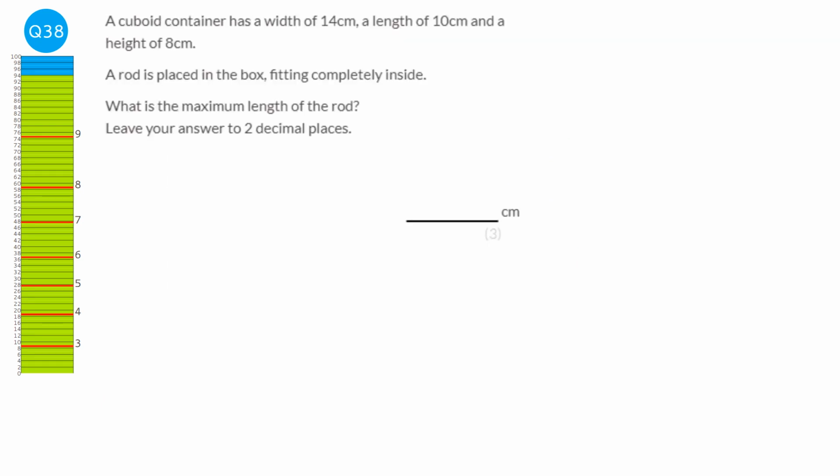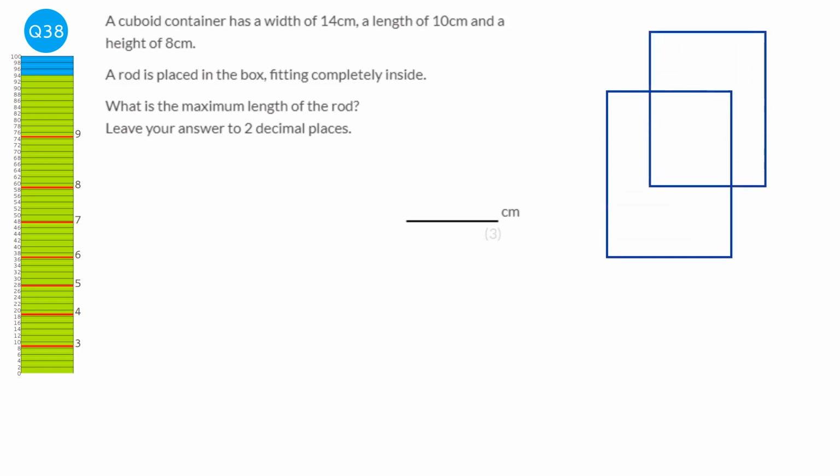Okay, so we're going to start by creating a cuboid, just so we can kind of visualize what's going on a little bit easier. And so the lengths on the cuboid, it says, are 14, 10 and 8.